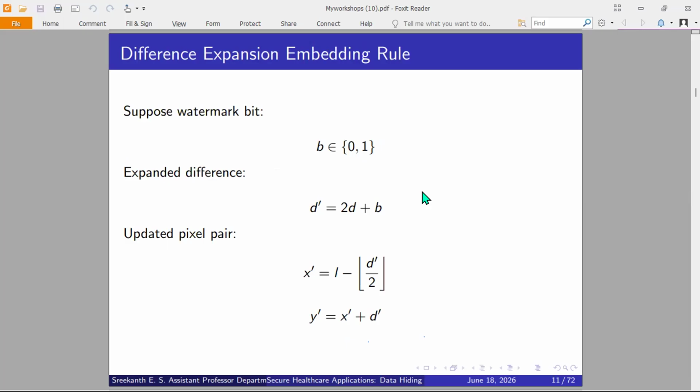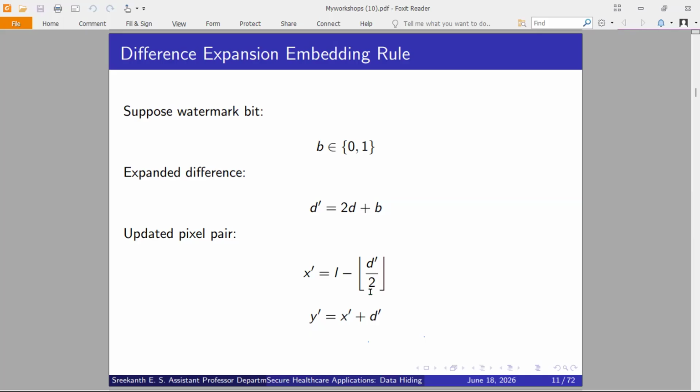Now suppose the mark bit b will be 0 or 1, whatever it is. Now we have an expansion operation, called the expansion operation: d dash equals 2d plus b. We are doubling the difference value and adding the watermark bit, which can be 0 or 1. Now we need to find the modified or new x and y values, which we can call x dash and y dash, the new modified values of x and y.